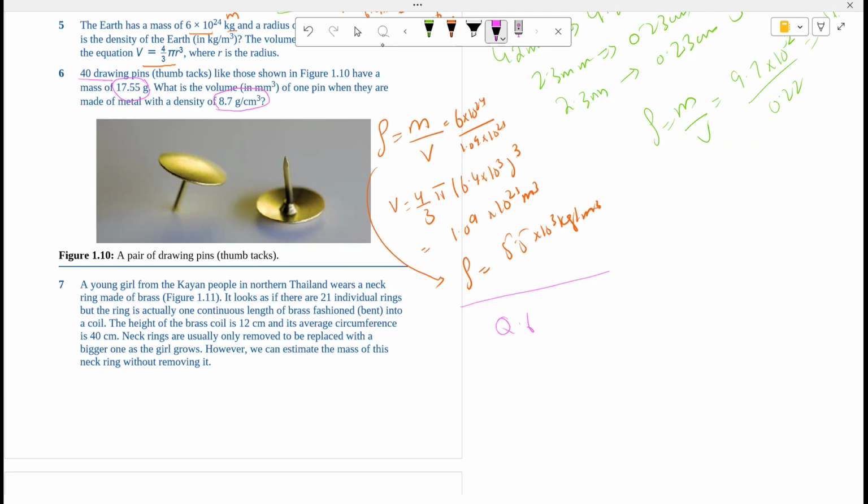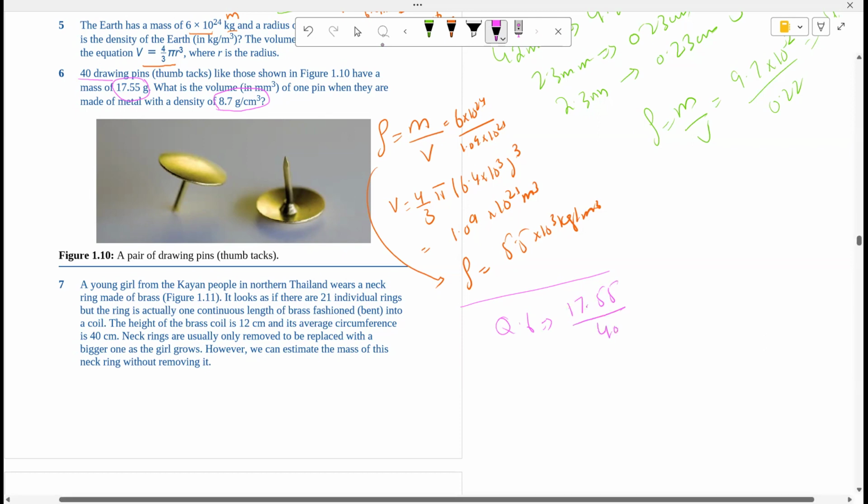How will I find the mass for one pin? उसने already हमें कितने pins का mass दिया हुआ है? 17.55 is the mass of 40 pins.